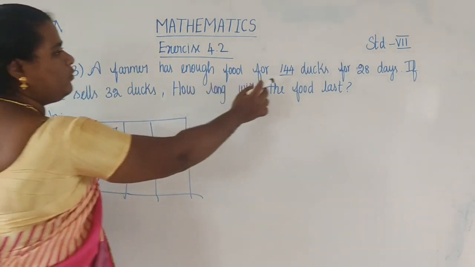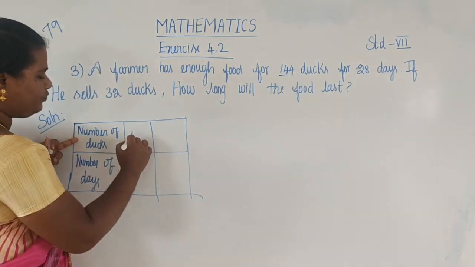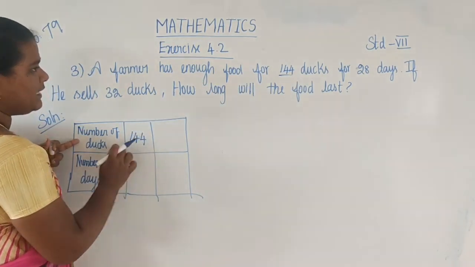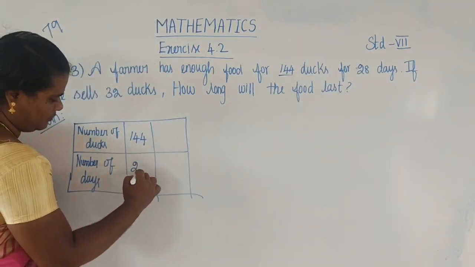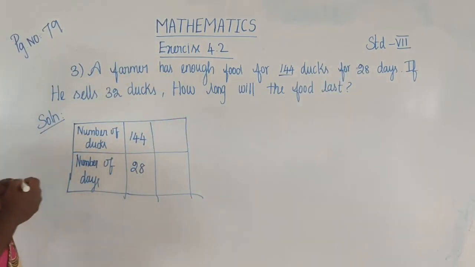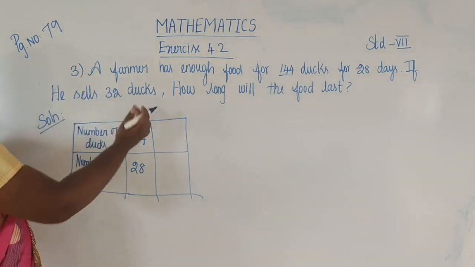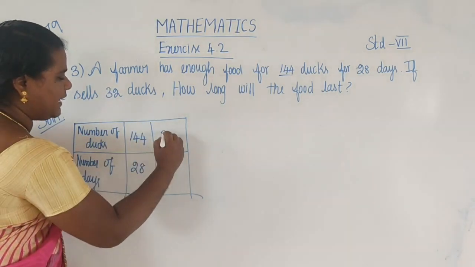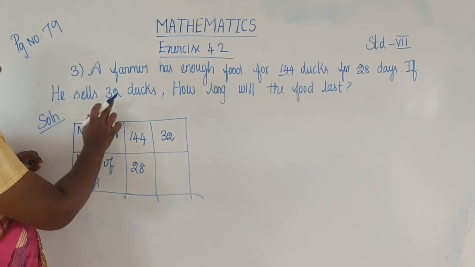Enough food for 144 ducks, so in the first row, number of ducks is 144 and days is 28.